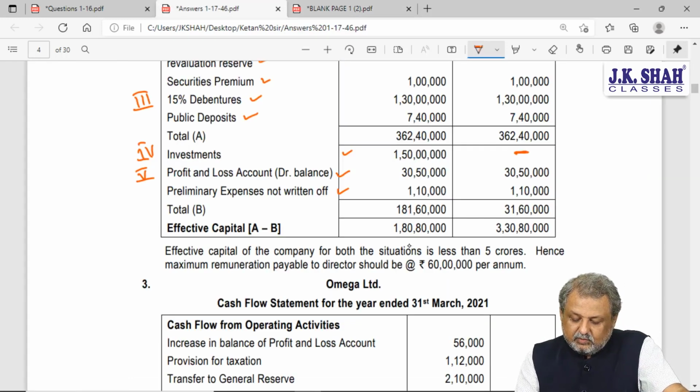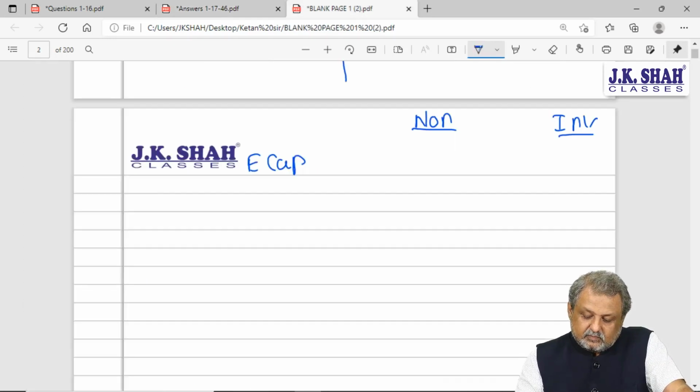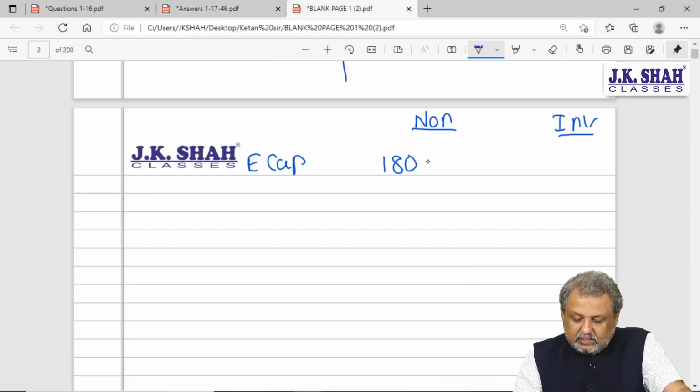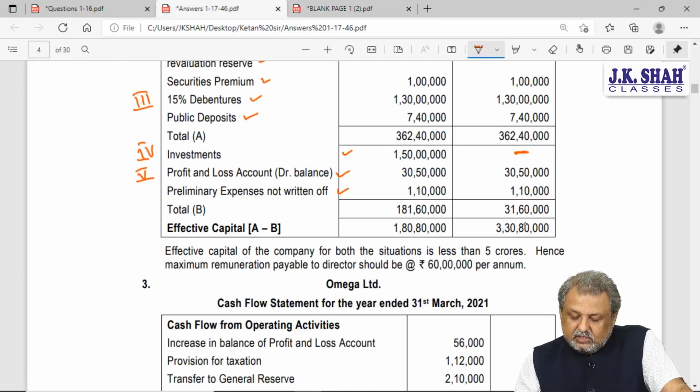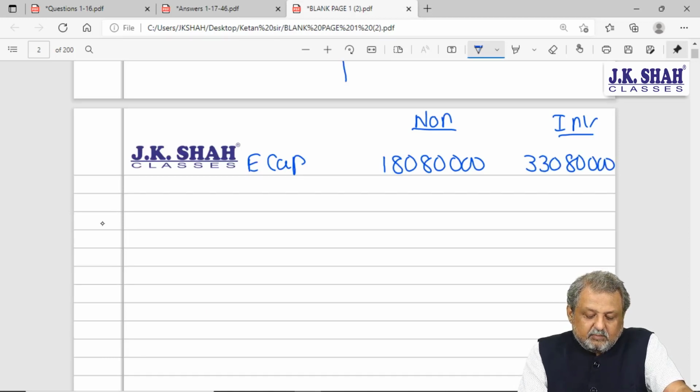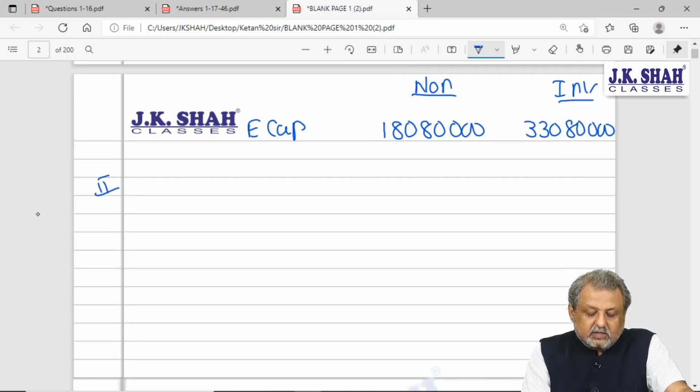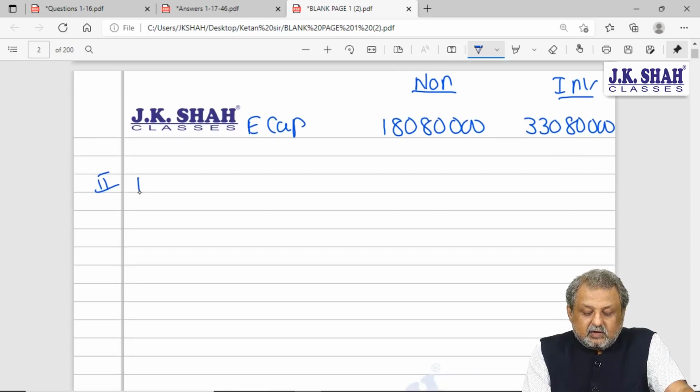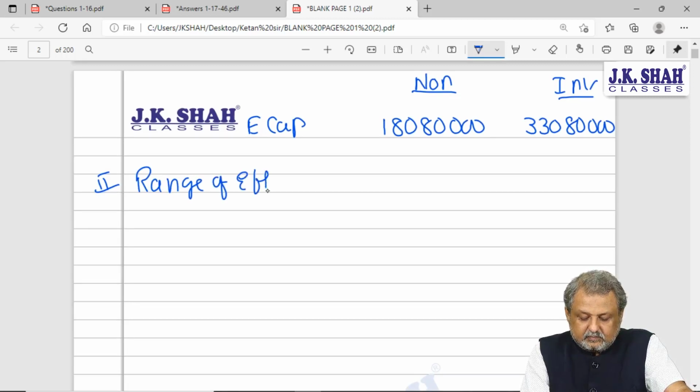It is 1 crore 80 lakh 80,000, and second is 3 crore 30 lakh 80,000. Then in the second part of the answer you can write: range of effective capital applicable.